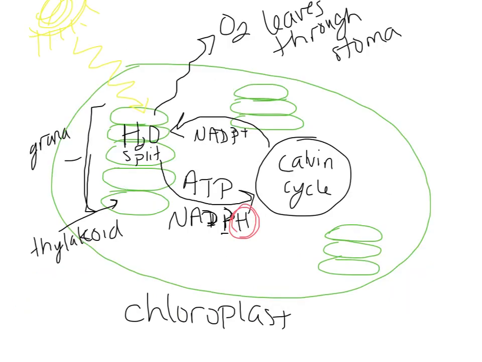So now if we come back to this, this is our light reaction that we've already talked about. Now let's add in our Calvin cycle to this. So in our Calvin cycle, here comes my CO2 through the stoma. So again, this is a gas. It's coming in through the stoma.